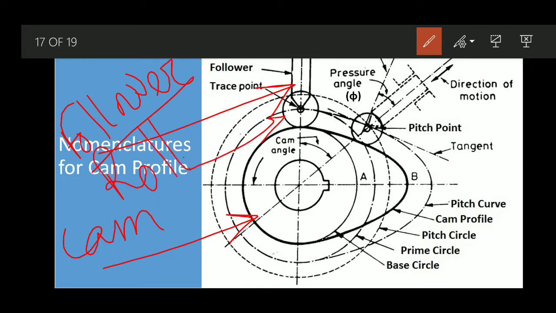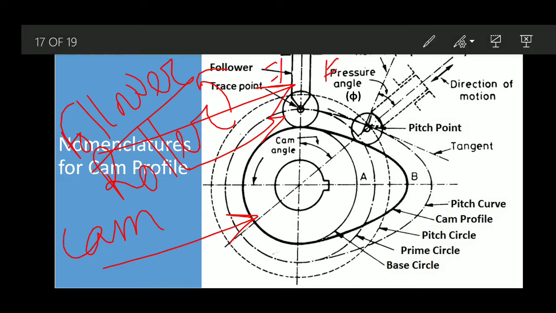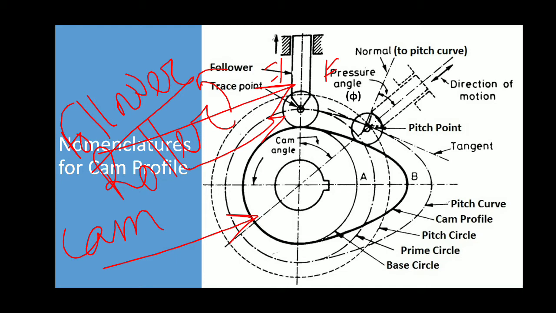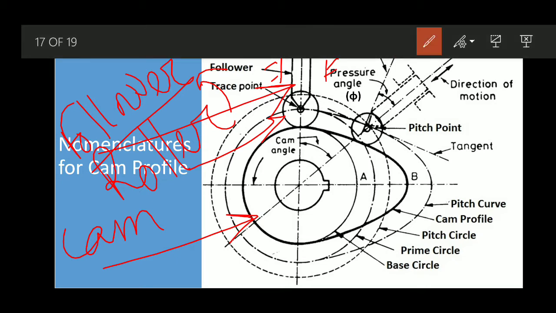Roller follower. We already have the guide here, and along that particular guide, during the course of rotation of this cam, as you can see, the follower is moving up and down.